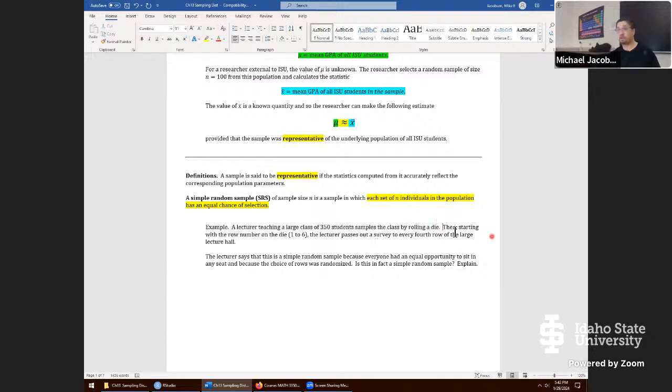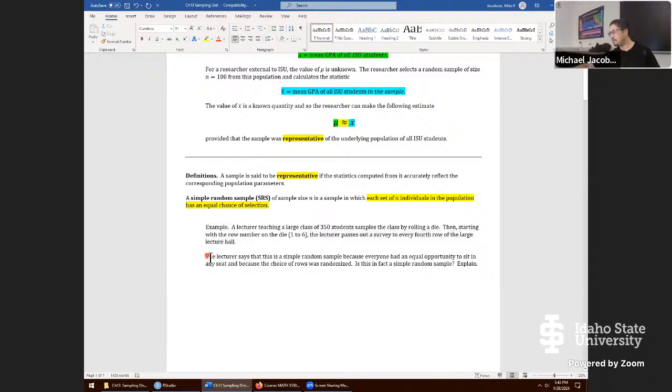However, here's how we're going to start off. Starting with a row number on the die, so you'll roll a die, maybe it lands 5. We're going to pass out a survey to every 4th row of the lecture hall. So if I roll a 5 on the die, 5th row gets a survey, then the 9th row gets a survey, the 13th row gets a survey, and so on.